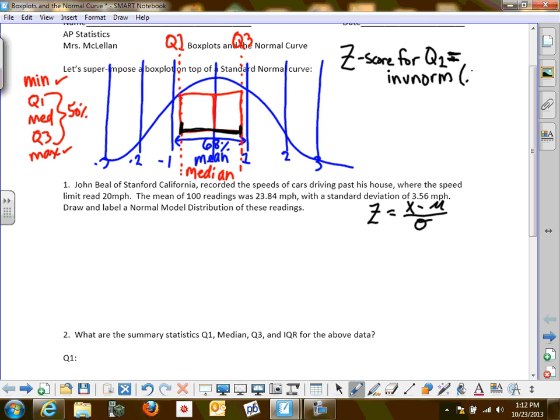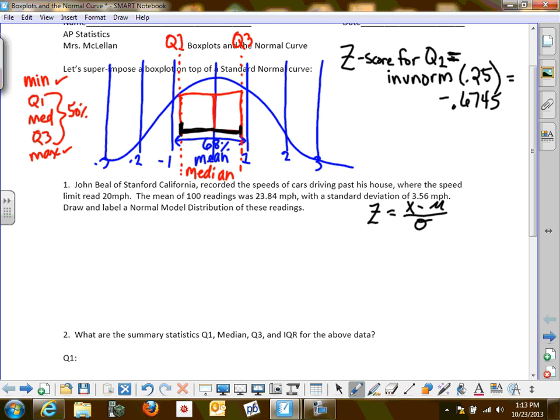So I'm doing inverse norm of 0.25, and if you put that in your calculator, you know that that is negative 0.6745. So in essence, this is about 2/3 of a standard deviation. Why did I say about 2/3? Because 2/3 is how much? 0.6666 repeating. Okay, so this is about 2/3 of a standard deviation down.